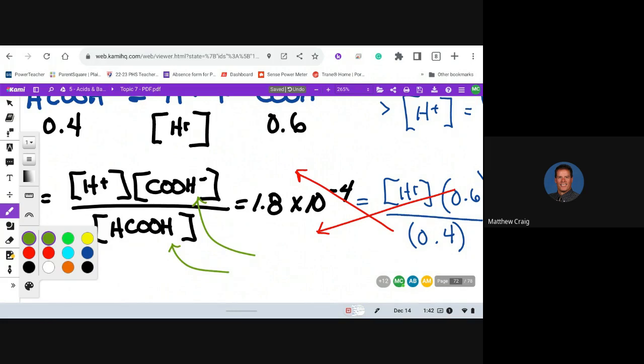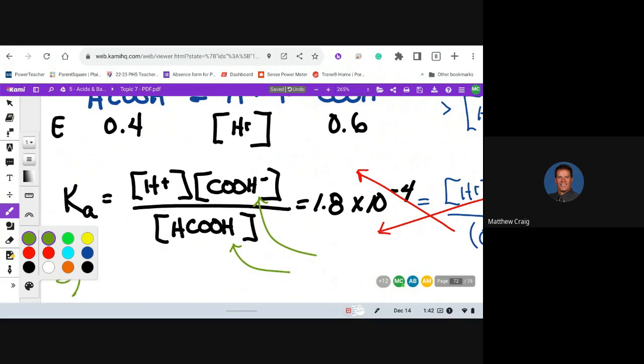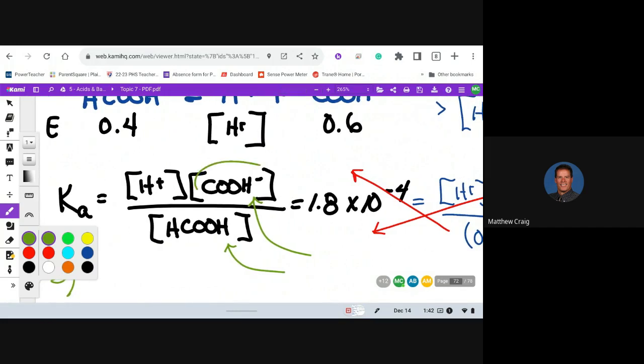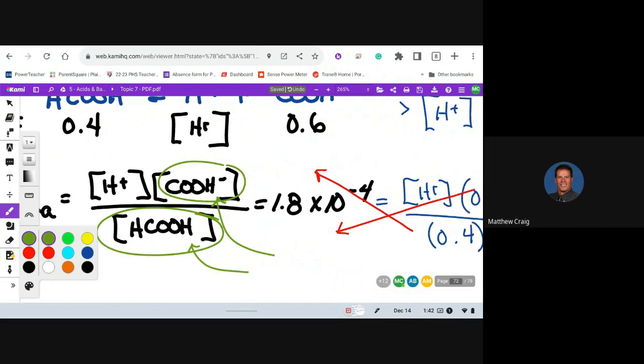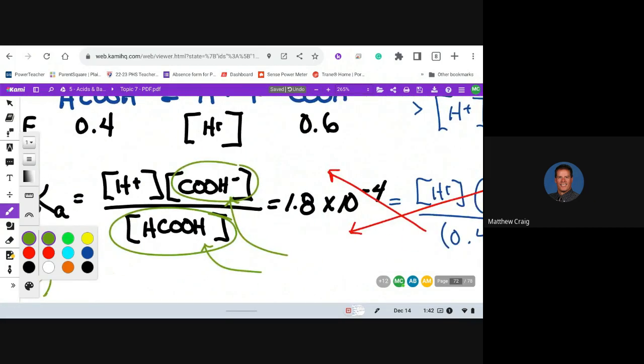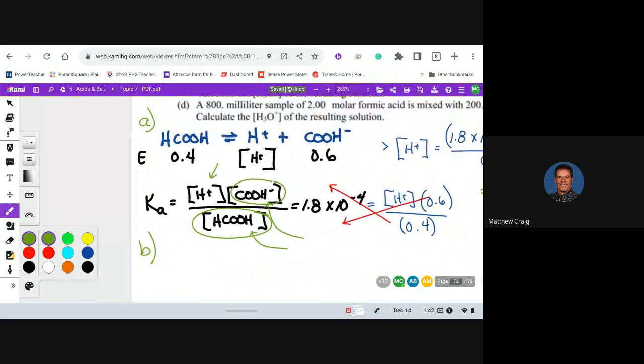Changes it equally. So the ratio stays the same. That's what I was trying to get at. So if the ratios for these two molarities or concentrations change equally, it doesn't change anything that's going to affect the hydrogen concentration. Yeah, I like that. Very nice.